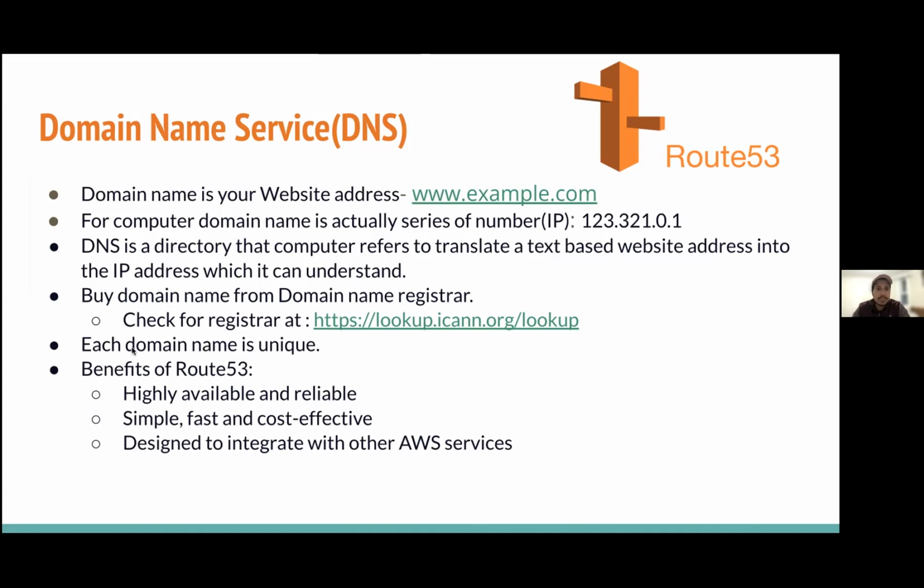What happened to me was that I bought a domain from one of the other registrars, and then transferred it over to AWS a few months back, but then I forgot which one I bought it from.